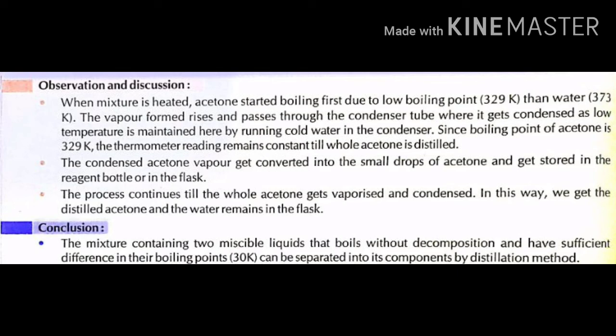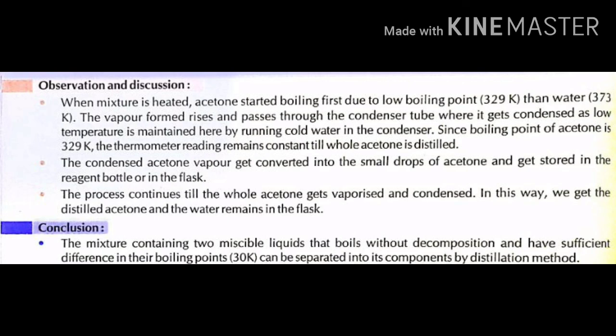The vapor formed rises and passes through the condenser tube where it gets condensed, as a low temperature is maintained here by running cold water in the condenser. Since the boiling point of acetone is 329 Kelvin, the thermometer reading remains constant till the whole acetone is distilled.